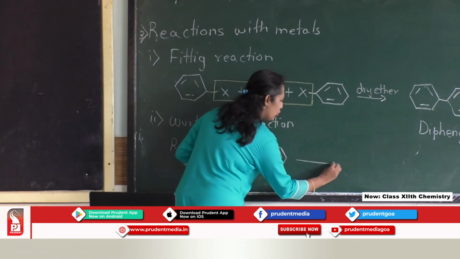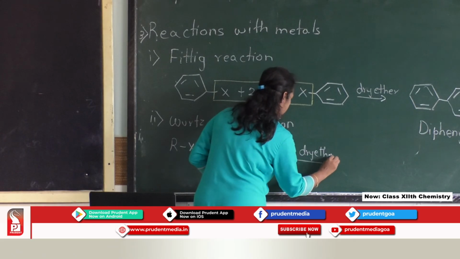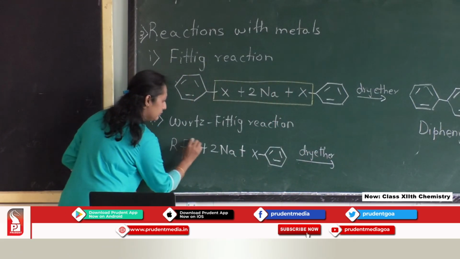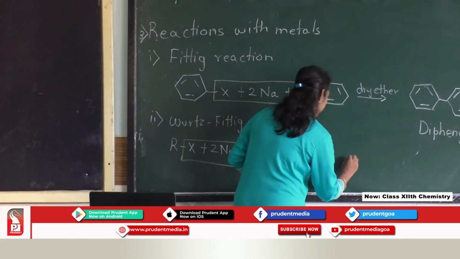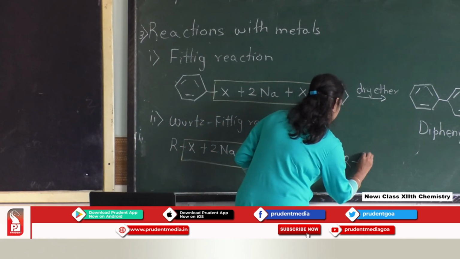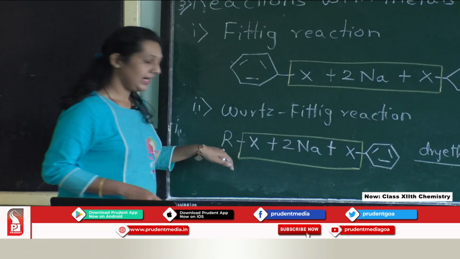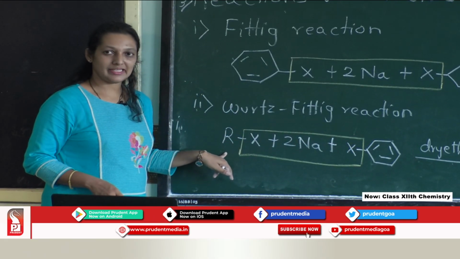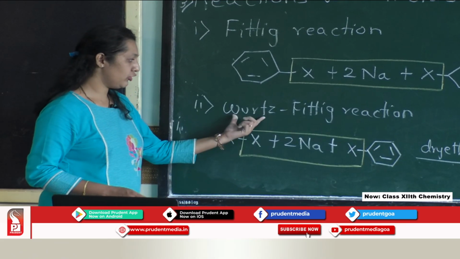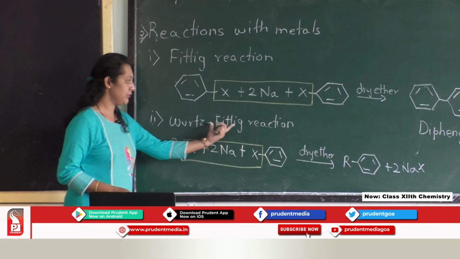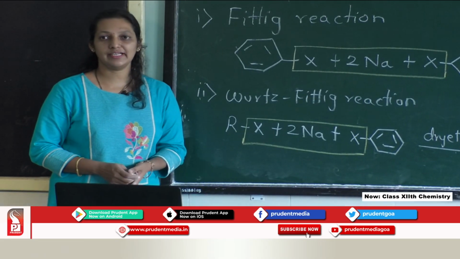Same way we have to show the removal. So, R is our alkyl group. We can replace alkyl group with either methyl, ethyl and so on. So, that is the one molecule from the Wurtz and one molecule from the Fittig we have taken. So, that is known as the Wurtz-Fittig reaction.